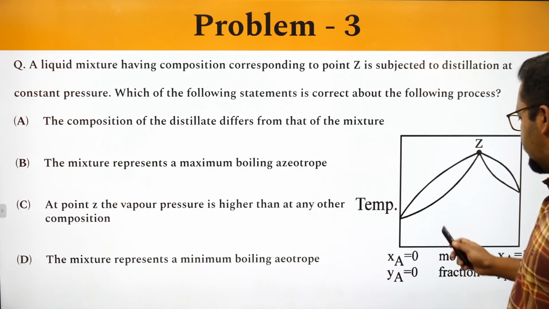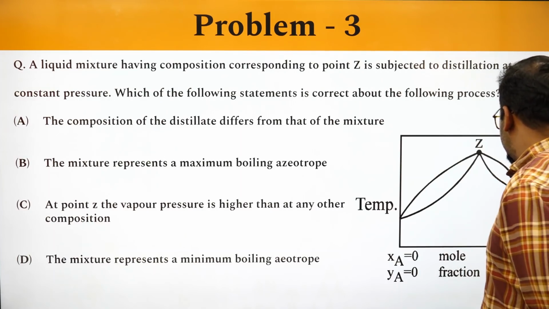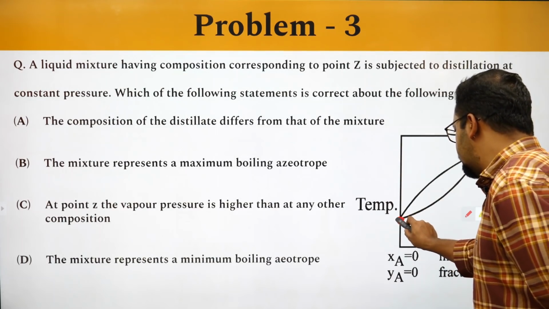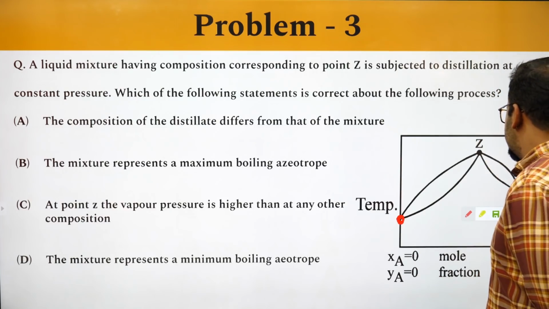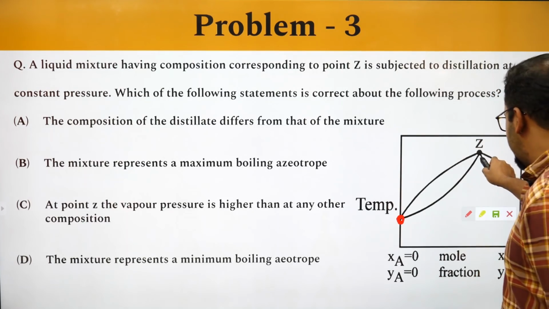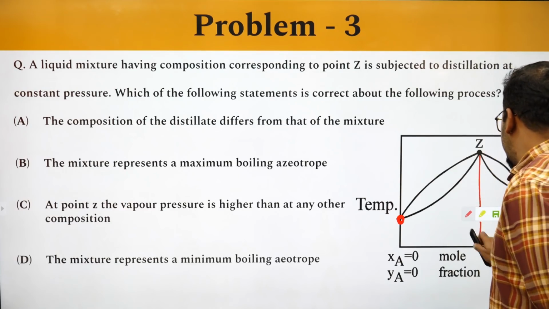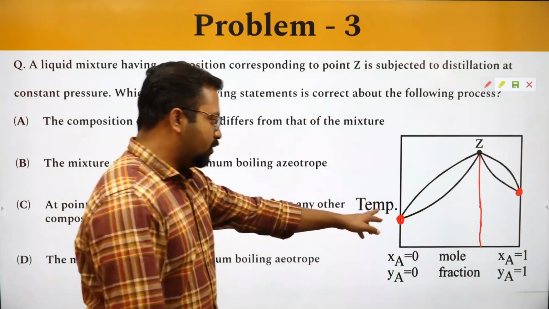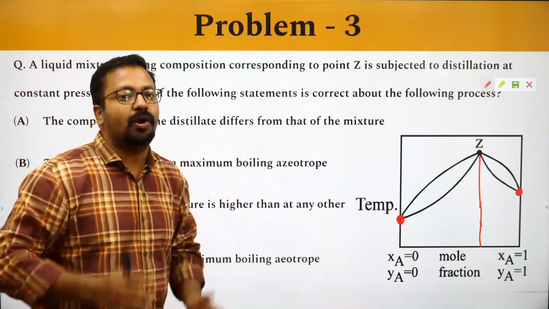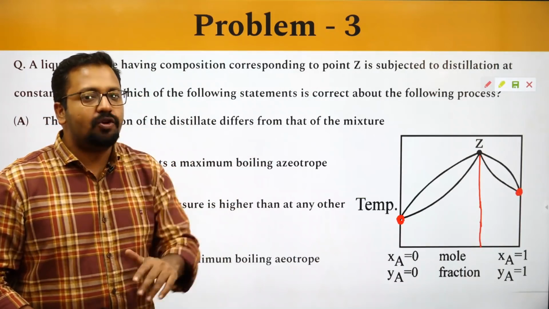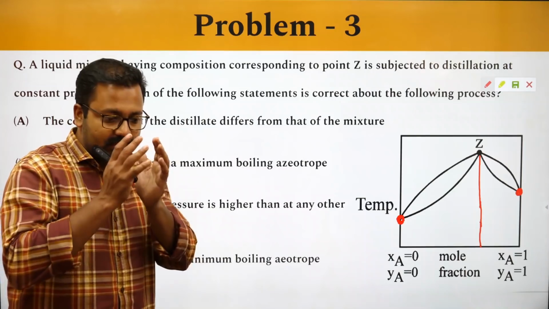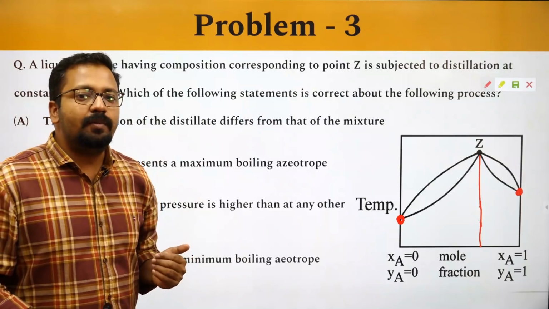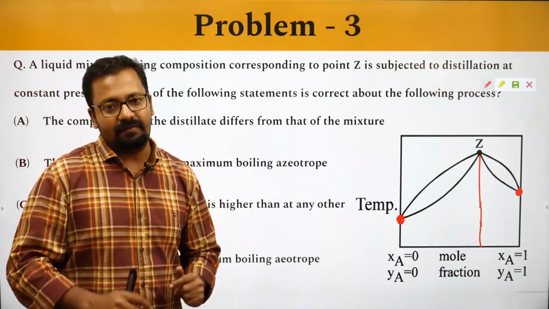The temperature of one of the components is this, the other component is this, and at an intermediate point the boiling point is higher than the liquid which has the highest boiling point among the two liquids which are being mixed to form the solution. दो लिक्विड लेके हमने सॉल्यूशन बनाया A और B, और जिस लिक्विड का हायर बॉइलिंग पॉइंट था उससे भी ज्यादा बॉइलिंग पॉइंट हो गया, तो इसका मतलब कि डेविएशन कौन सा हुआ? नेगेटिव डेविएशन.